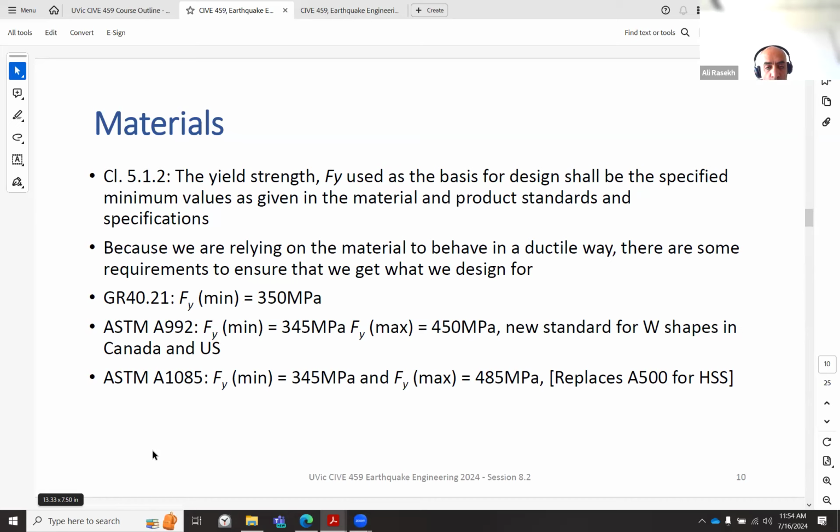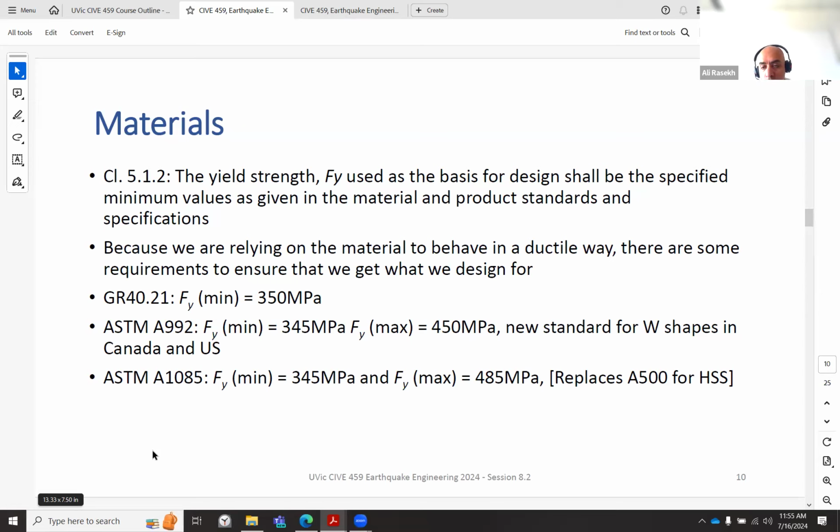Similarly, for ASTM A992 material, the minimum yield is 345 and the maximum is 450, which is the newest standard for W shapes. For ASTM A1085, the minimum is 345 and the maximum is 485.